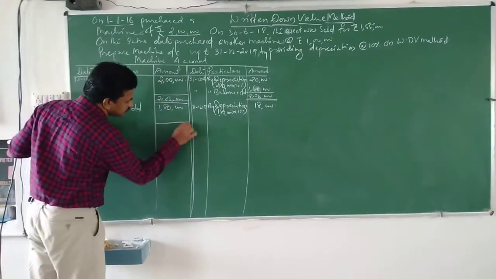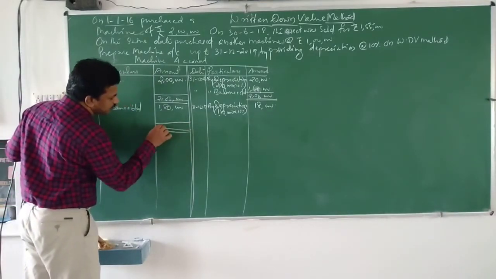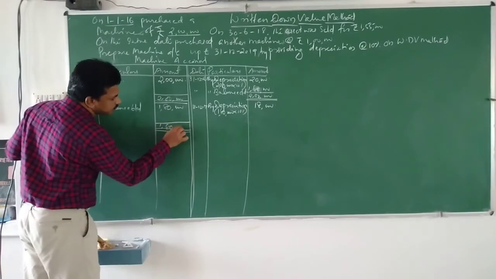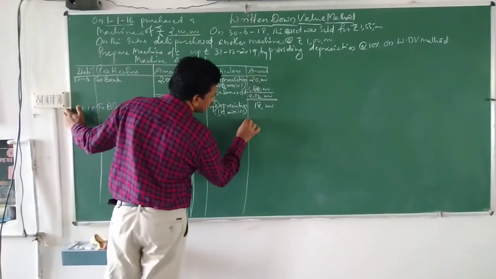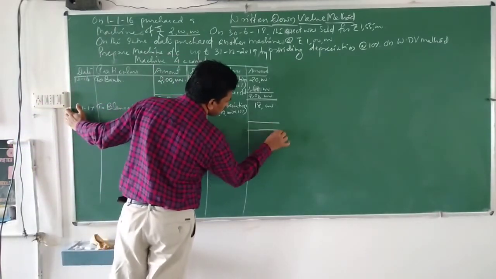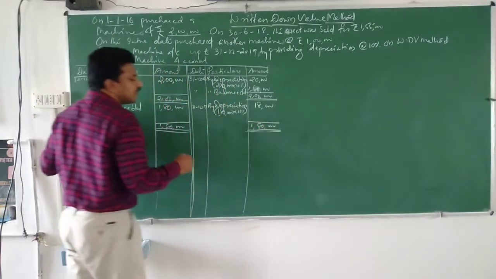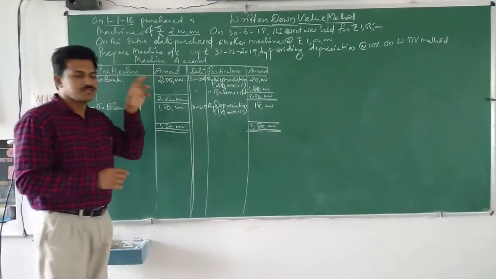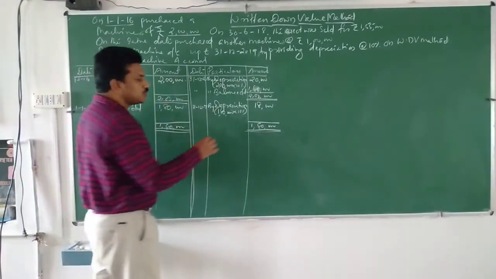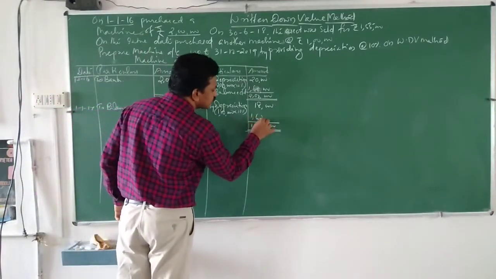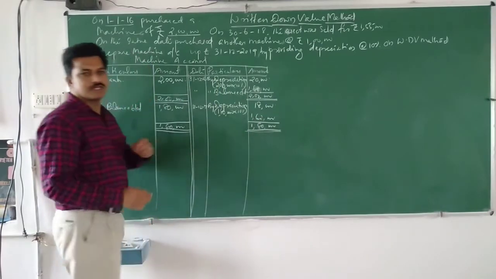Let us close the account here. 1,80,000 can be taken here. 1,80,000 minus 18,000, so 1,62,000 is the answer.